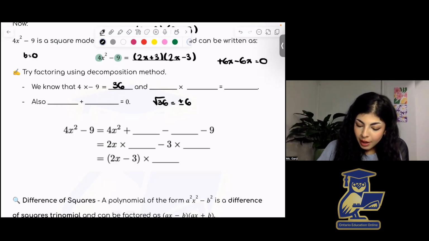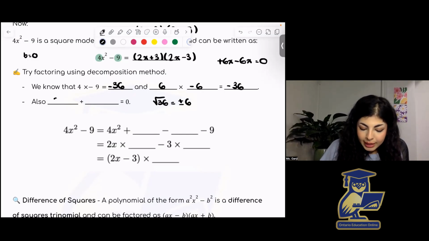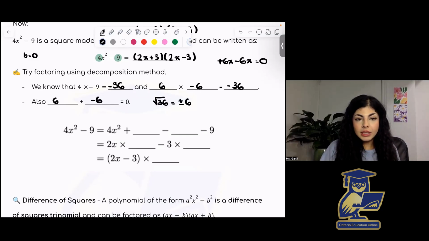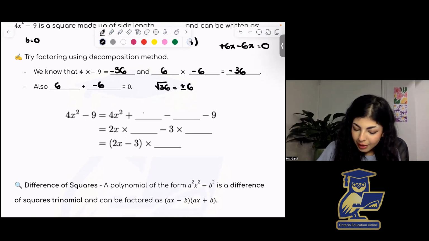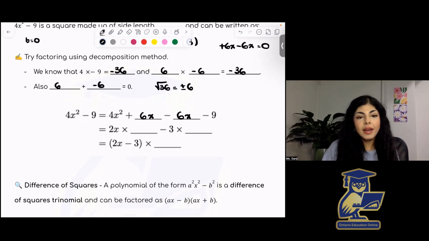So we see that positive 6 times negative 6 gives us negative 36. And also that 6 and negative 6 add to 0, which is that same b that we wanted. So this is essentially the same as plus 6x minus 6x.